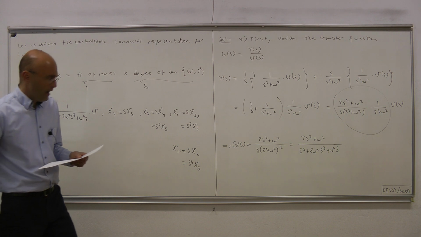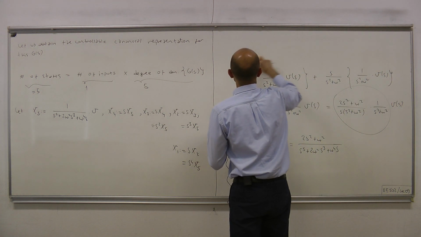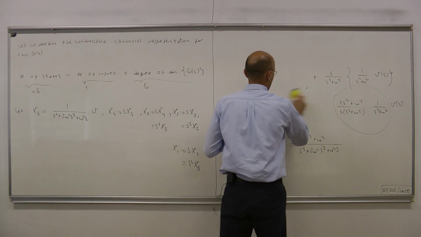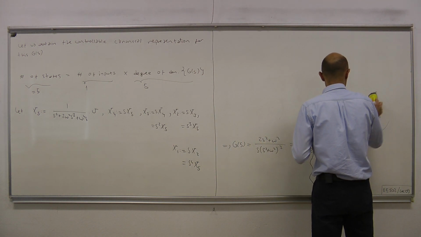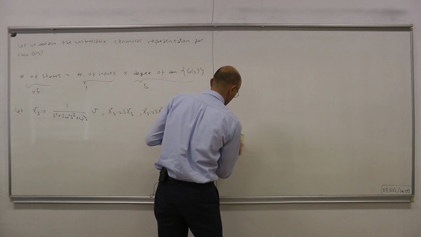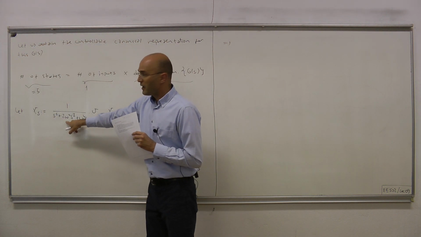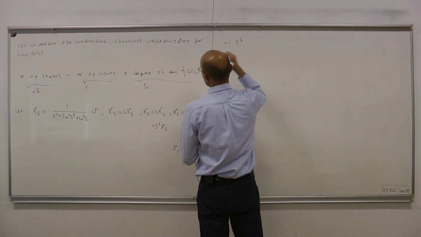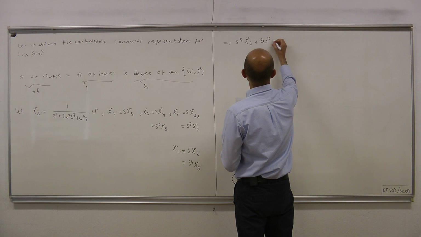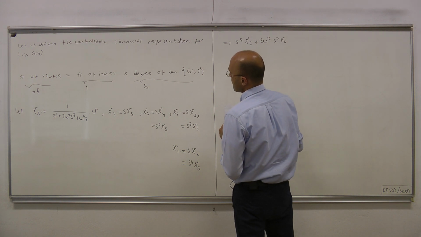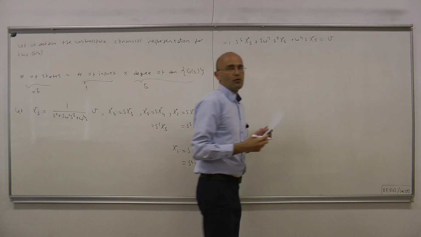Now what we're going to do is concentrate on this equation, which appeared when we defined x5. Rewriting this equation yields s to the 5 x5 plus 2 omega squared s cubed x5 plus omega to the 4 s x5 equals the right-hand side, which is u.